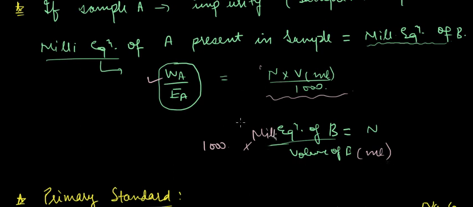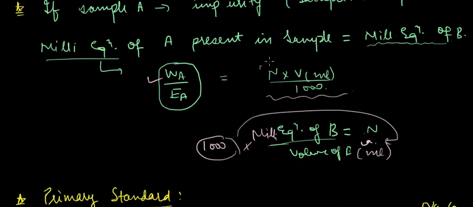Okay, so we can just write that the milli equivalents of B would be normality into the volume of solution B in liter, just multiplying this with the right hand side and dividing this with this factor on the right hand side. Okay, so this would give the resultant.